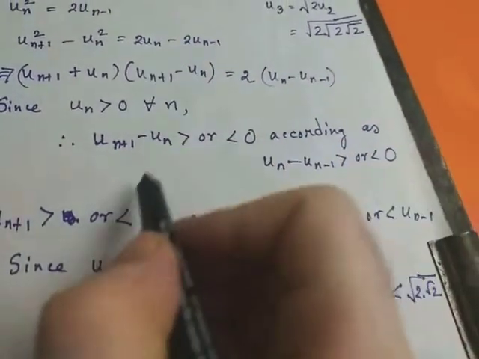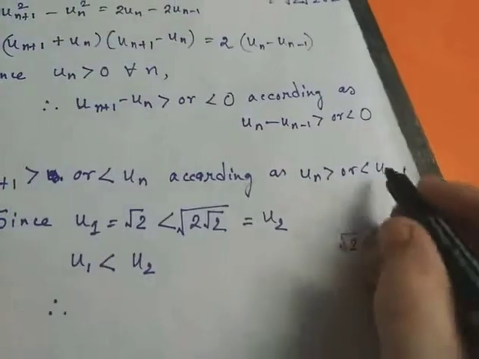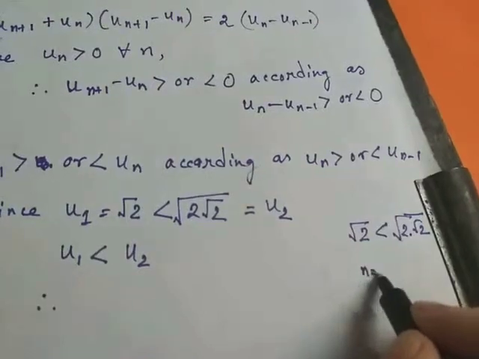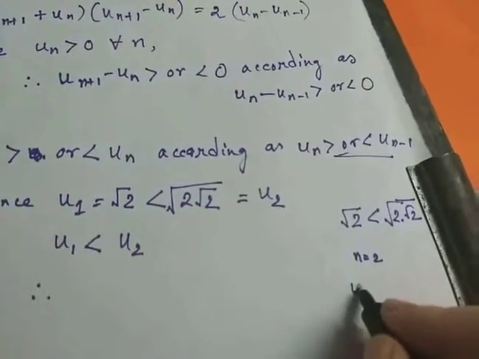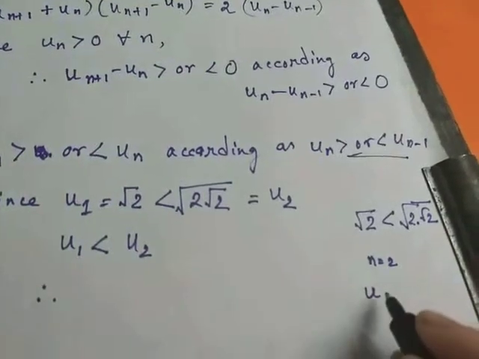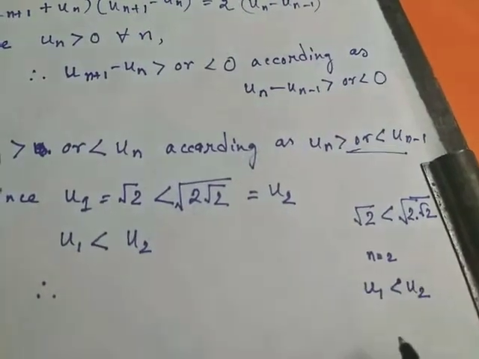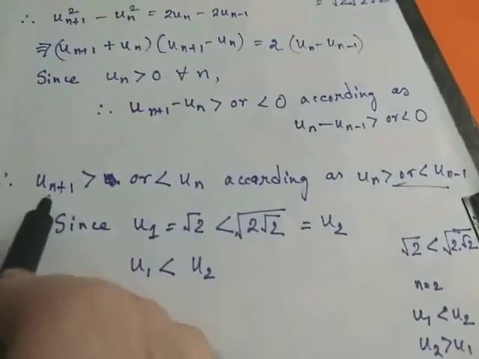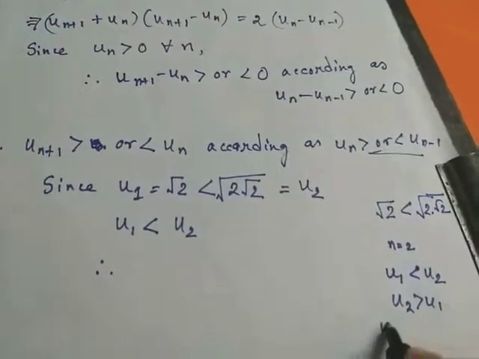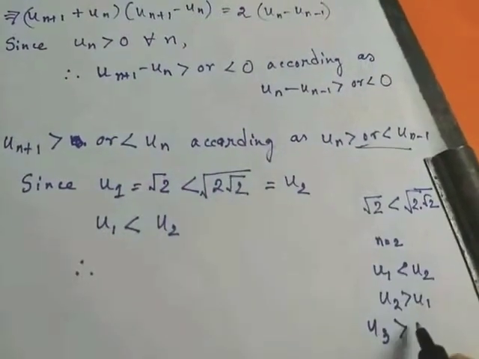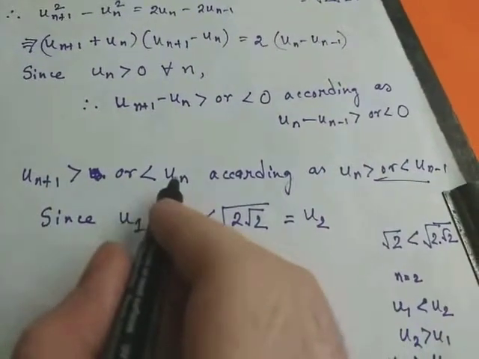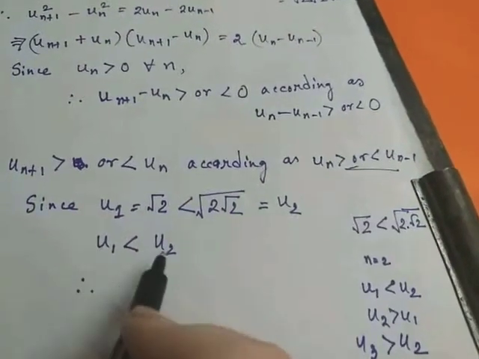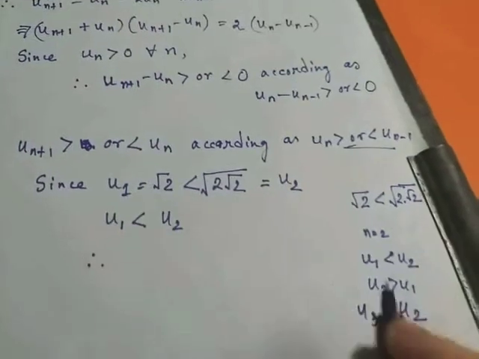Therefore, using this, we put n equals 2. We get u2 greater than u1, so u2+1, that means u3, is greater than u2, because this is greater than or less than according as un is greater than or less than un-1. Now here u1 is less than u2, so accordingly u3 is greater than u2.